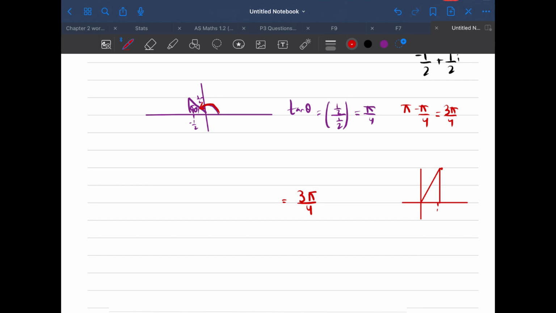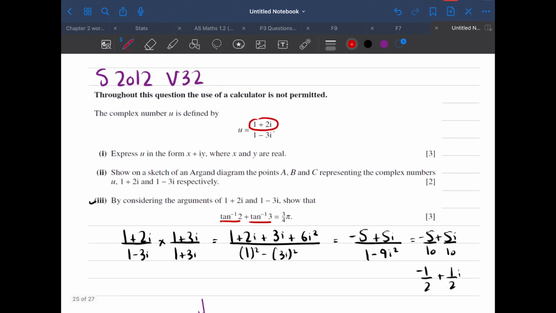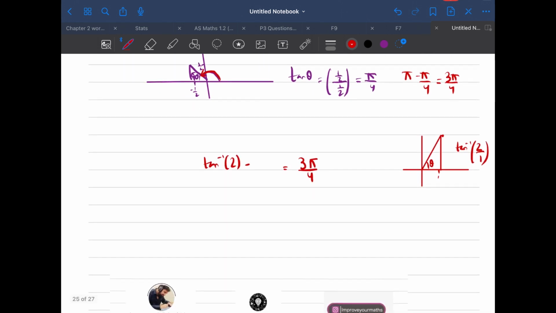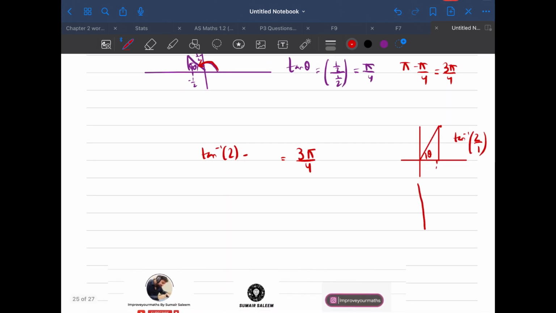Okay. So the argument will be tan inverse 2 over 1. Do you get this? Minus will come in the middle. Then 1 minus 3 iota. Where will the complex number 1 minus 3 iota be drawn? It's going to lie here, 1 and minus 3. It's going to lie here.